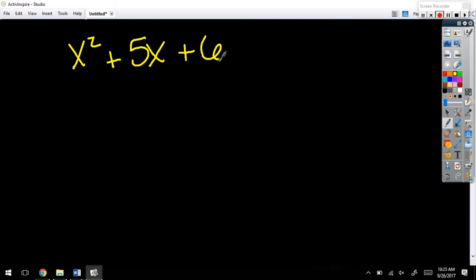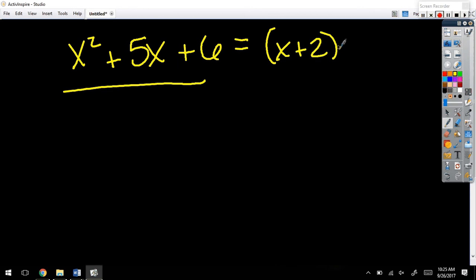We're going to take something that looks like this, and we're going to write it as a multiplication problem that's going to look like this. Right now, I don't want you to know where I got it from. I want you to see what it is we're doing. We're just rewriting something a different way.